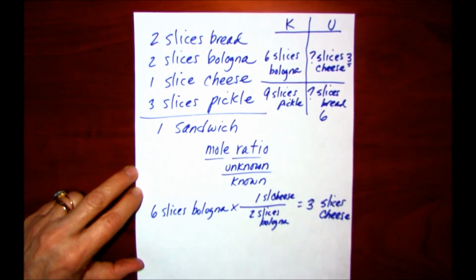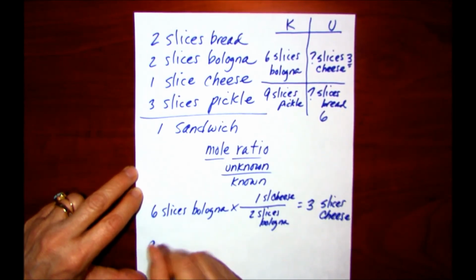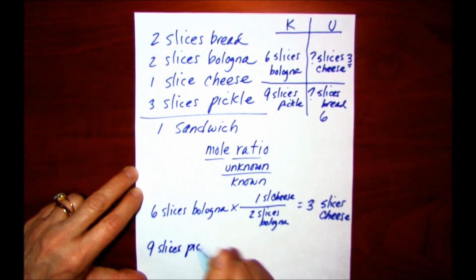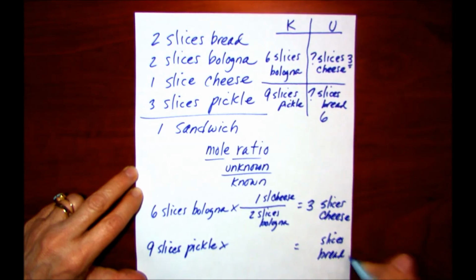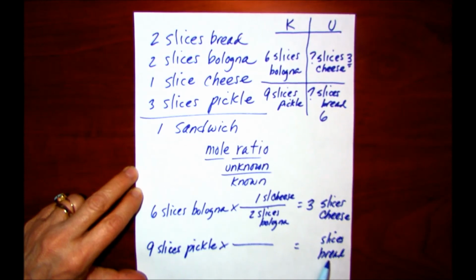Let's look at this example. We have 9 slices of pickle. That's our known. We want to know how many slices of bread we need. We're going to multiply that by the mole ratio. Our unknown, slices of bread, let's go back to the recipe. For every 2 slices of bread, we have 3 slices of pickle.